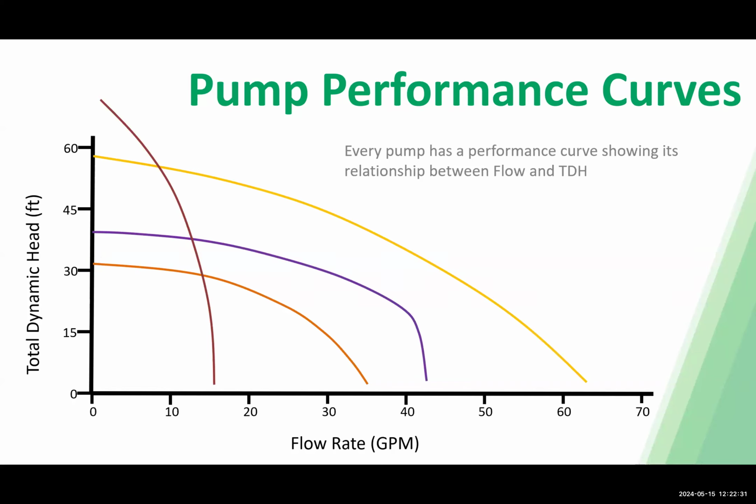And then you also have pumps that have very low flow capability, but very high pressure capability, such as this maroon curve here. And actually, that maroon curve typically mirrors what grinder pump curves look like, at least on the smaller end. So 1 and 2 horsepower grinder pumps typically have curves like this, where it's a very steep drop comparing flow to pressure.